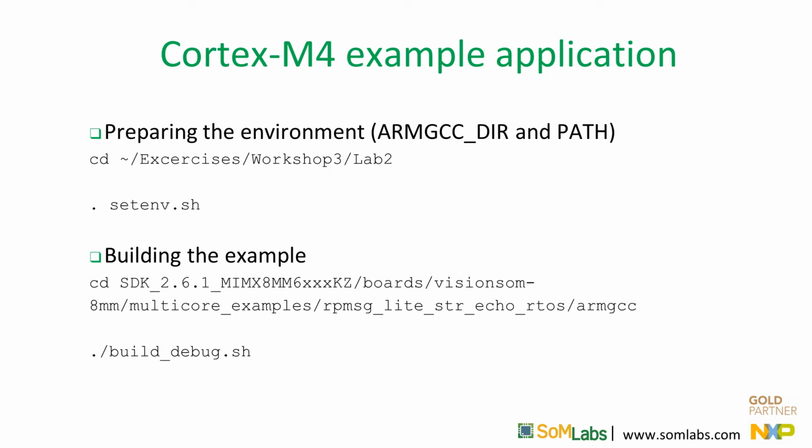This script sets the ARMGCC_DIR variable and completes the PATH variable with the directory where the GCC ARM none-eabi cross-compiler is located. This compiler is already placed in the virtual machine, but it can also be downloaded from the developer.arm.com website.